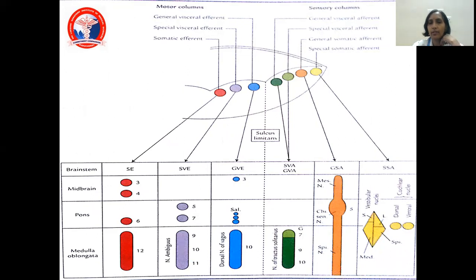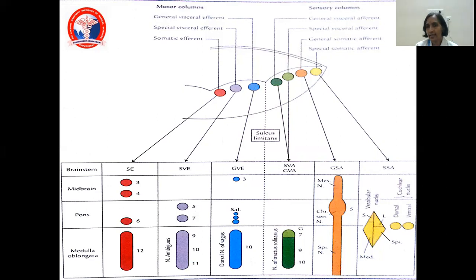The motor components in the midline are somatic efferent for the 3rd, 4th, 6th, and 12th cranial nerves, whereas the special visceral efferent are the motor components for the muscles arising from pharyngeal arches, for the 5th, 7th, 9th, 10th, and 11th cranial nerves. The secretomotor or parasympathetic fibers are through the 3rd, 7th, 9th, and 10th cranial nerves.